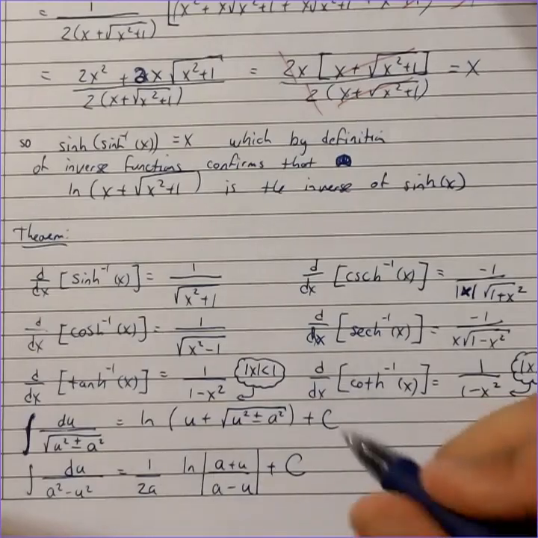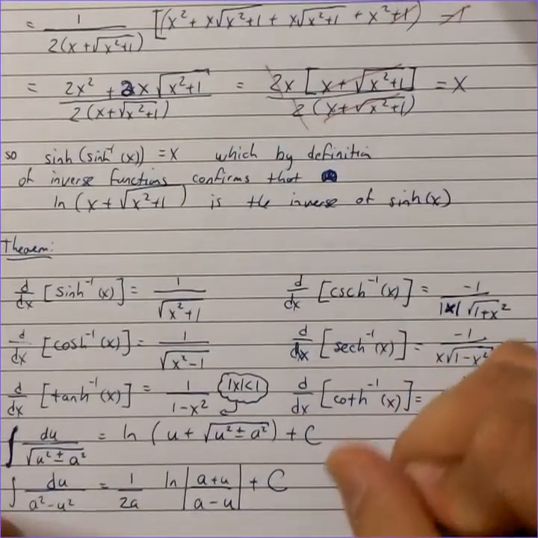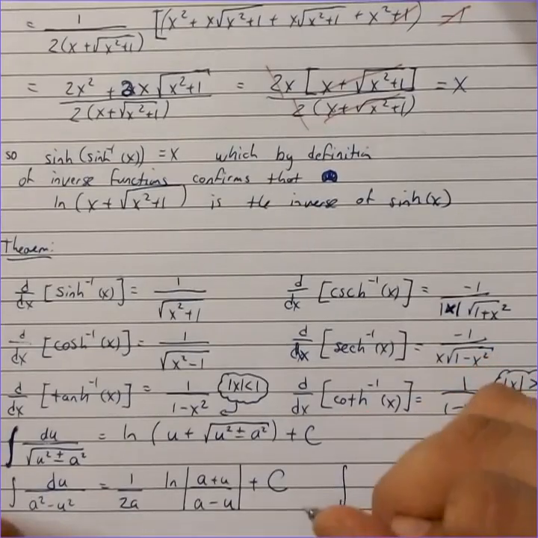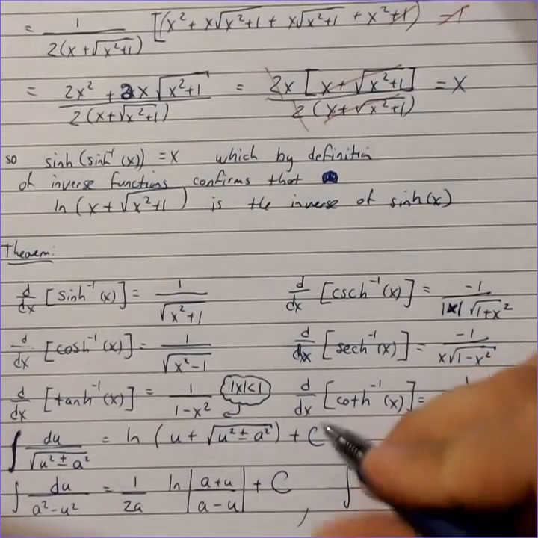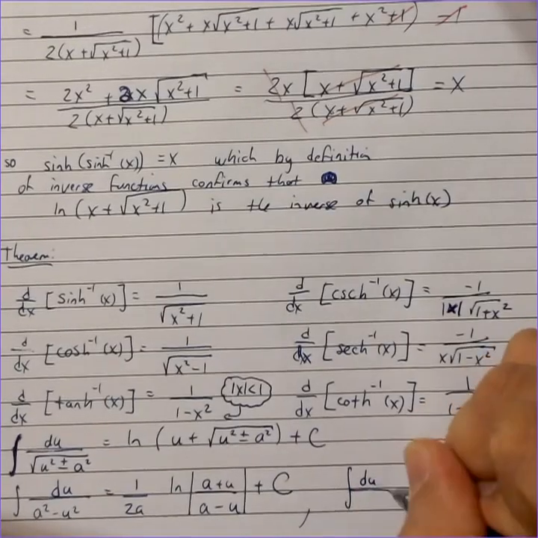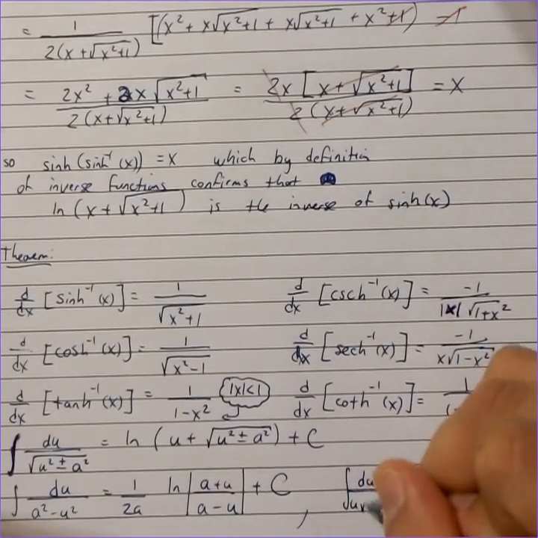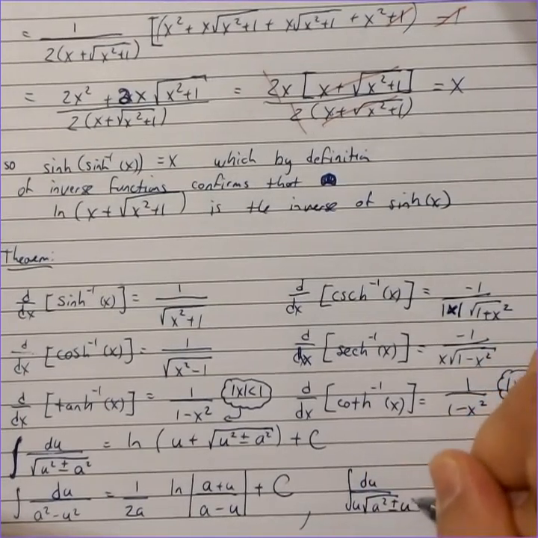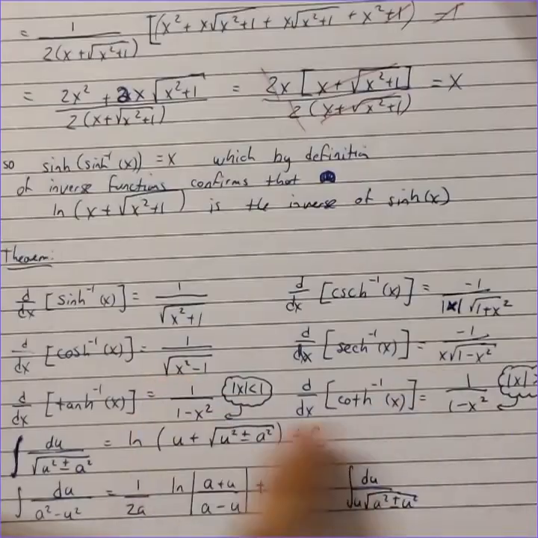Okay? And the third one is, let's see if I can get that one in here, the integral of du over u times the square root of a squared and either plus or minus u squared, and now that'll be these two.